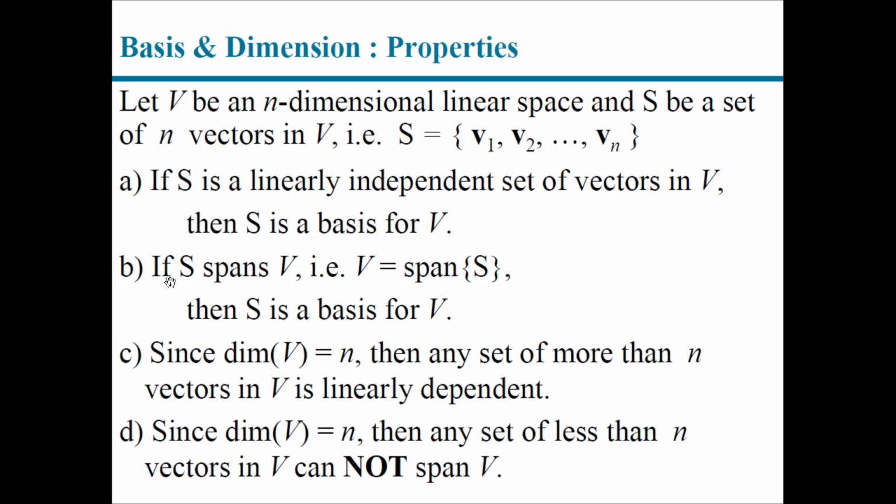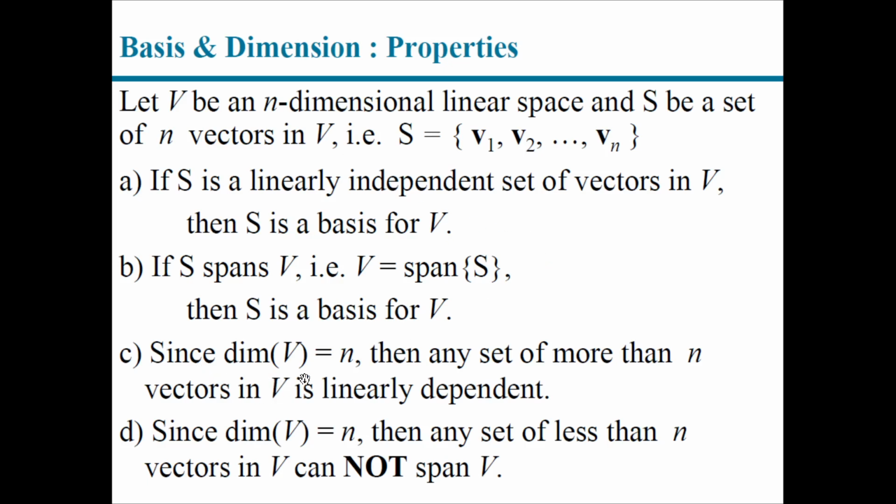Similarly, if those n people span the entire space, so the space is the span of S, then they are also a basis, which means they are automatically linearly independent also. So the fact that you know the dimension helps a lot.